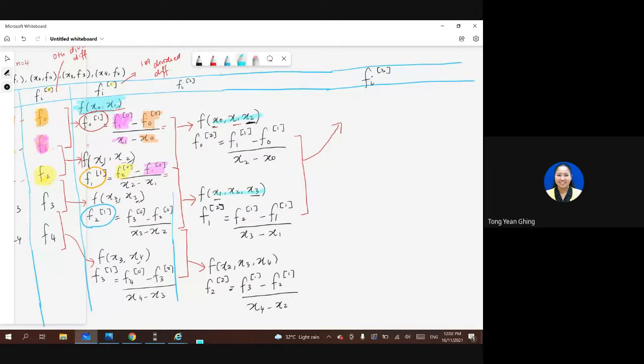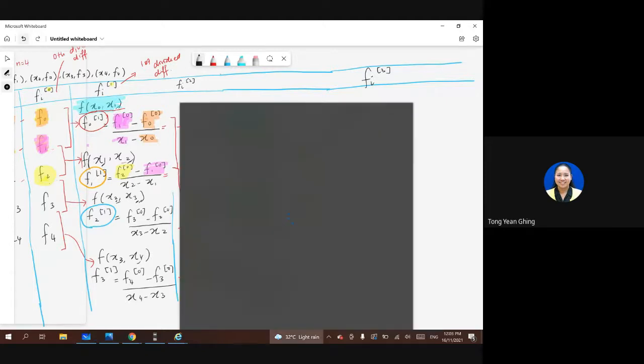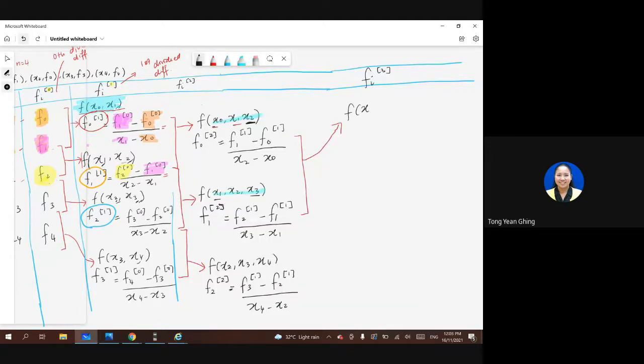That means x0 until x3. So ini yang saya consider adalah, saya tulis kat sini sebenarnya supaya kita tak keliru, sebab kat bawah ni kita kena based on x yang mana tadi kita buat dia punya divided difference tu. Okay, so this one start from x0, x1, x2, x3.